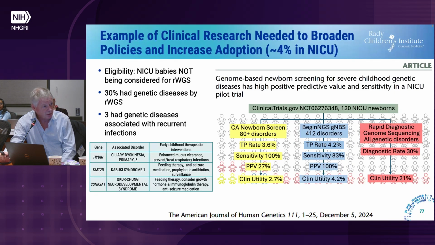And just to point out the middle blue area there, which is one of the ending points, there are now multiple groups worldwide enrolling lots of babies for a genome-based newborn screen. And there are hundreds of primary immune deficiency genes on those lists, since just about all of them have effective therapies. So they're high on the list for addition to newborn screening.